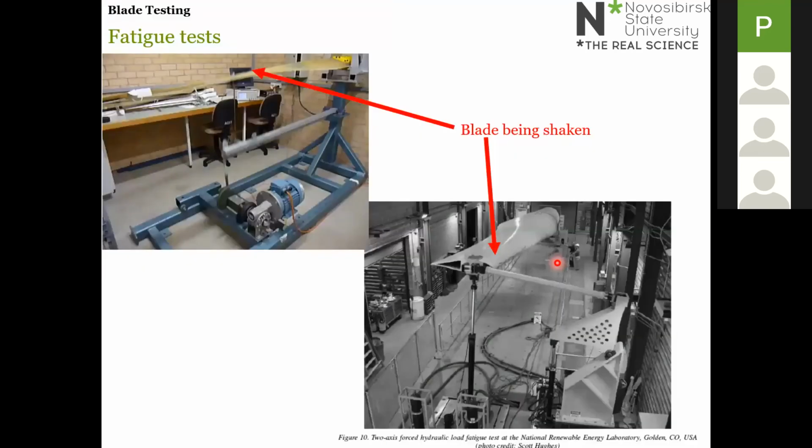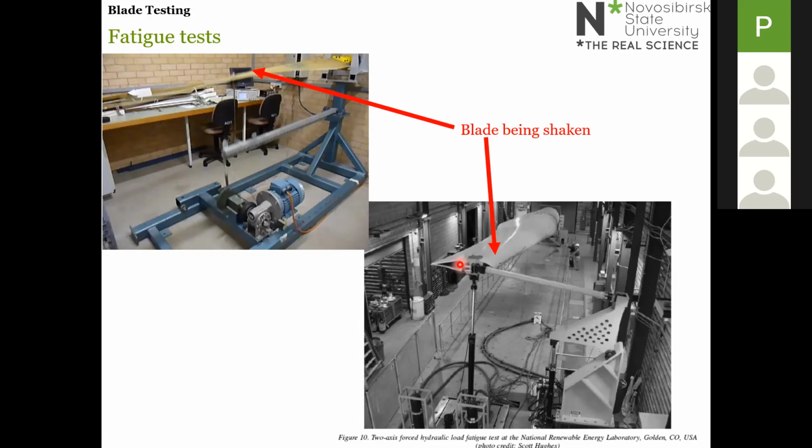Wind turbine blades are also fatigue tested. And here's a small wind turbine blade being fatigue tested. Here's a large blade being fatigue tested. And usually when large blades are tested, it's only the inner part of the blade that is tested, because it's more difficult when you've got very long blades to arrange for a fatigue test of the whole blade.